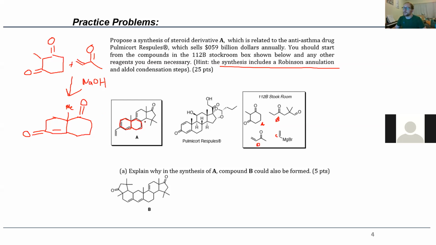And so now I'm wondering, how do I construct the other portions, like this upper 6,5 fused system? I can recognize that I can probably add this vinyl group here using methyl magnesium bromide, or perhaps another method.